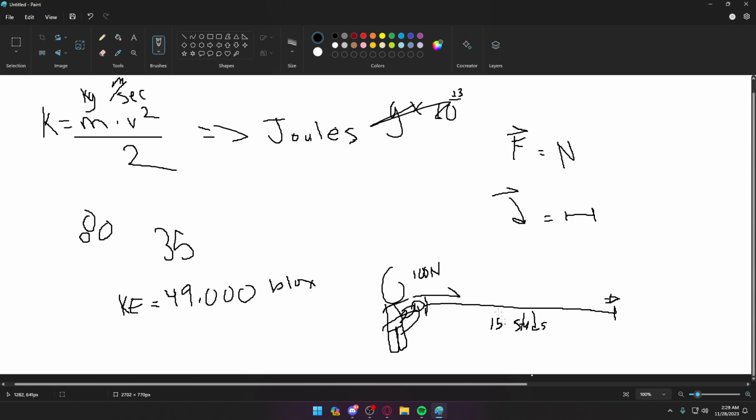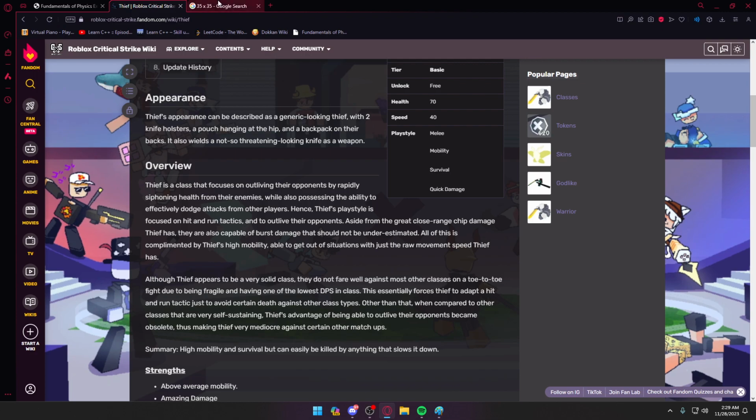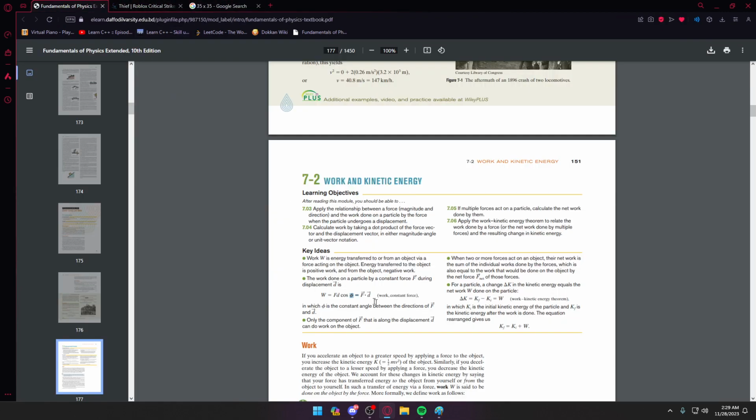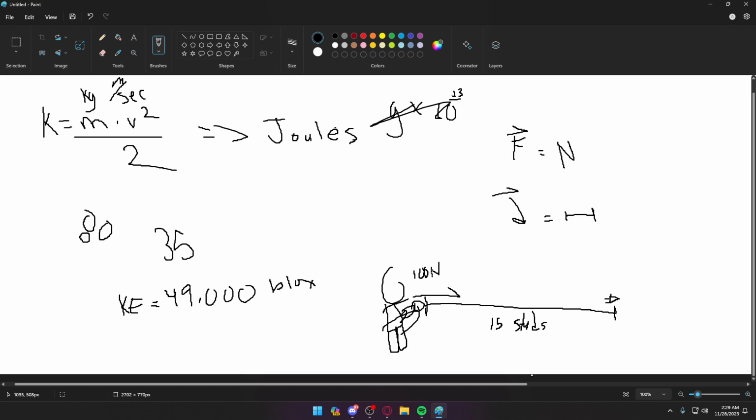So the formula for work is force times displacement times cosine theta, which is at an angle. You only add cosine when you're doing an angle. But here it is just a straight line, so you do not need to add cosine, right? All we do is just multiply these two. 100 times 15 is 15 and then 2 zeros.